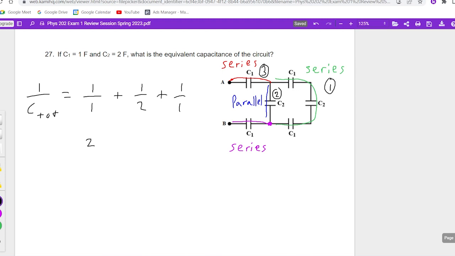This is really 2 halves plus 1 half plus 2 halves, which gives me a total of 5 halves. And again, that's 1 over C total. So really, C total is the reciprocal of that, which is 2/5.